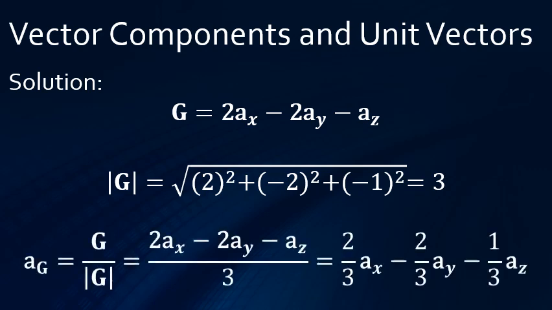So our vector is 2ax minus 2ay minus az divided by 3 all over 3. Then simplify mo lang. So gagawin mo, distribute mo lang yung denominator sa mga numerator. So ito na yung magiging unit vector natin in the direction of g. Ganun na siya kadali.